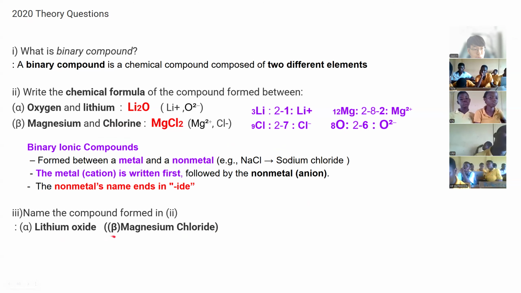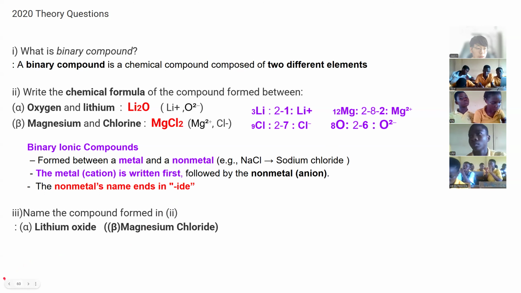We have two examples here. Also, Li2O, you can name it lithium oxide, because you don't call it lithium oxygen, you call it lithium oxide. You need the -ide ending for the nonmetal.